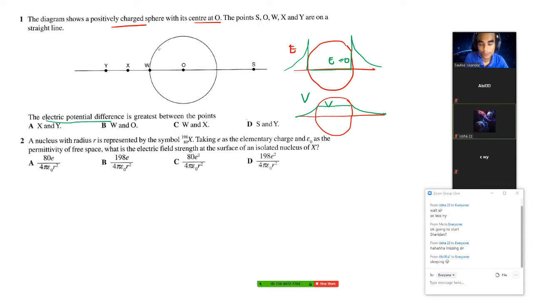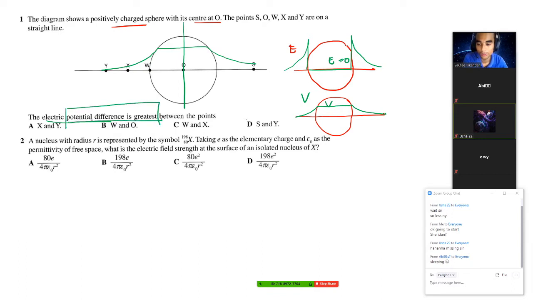If we draw back into the diagram, you know that there will be a value of V which we didn't know. It didn't say, and it drops down like this, right? So you're asking for the biggest potential difference.